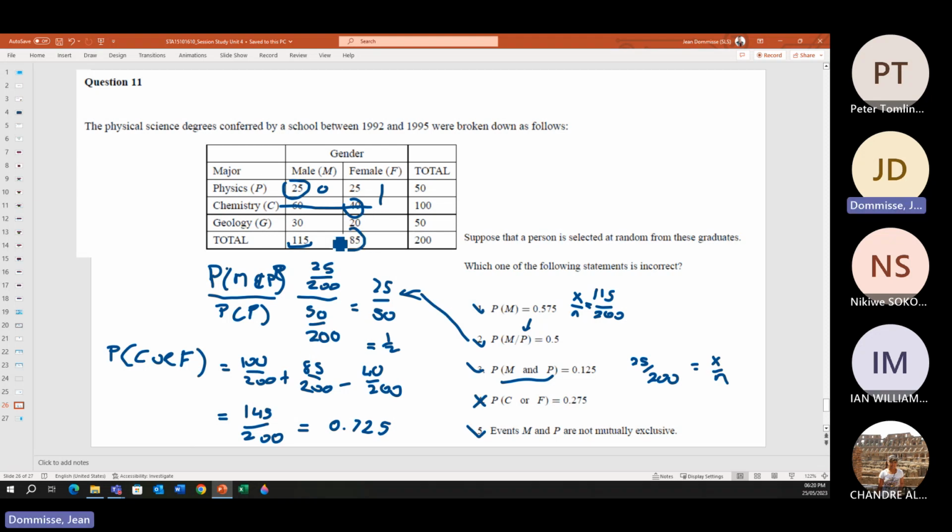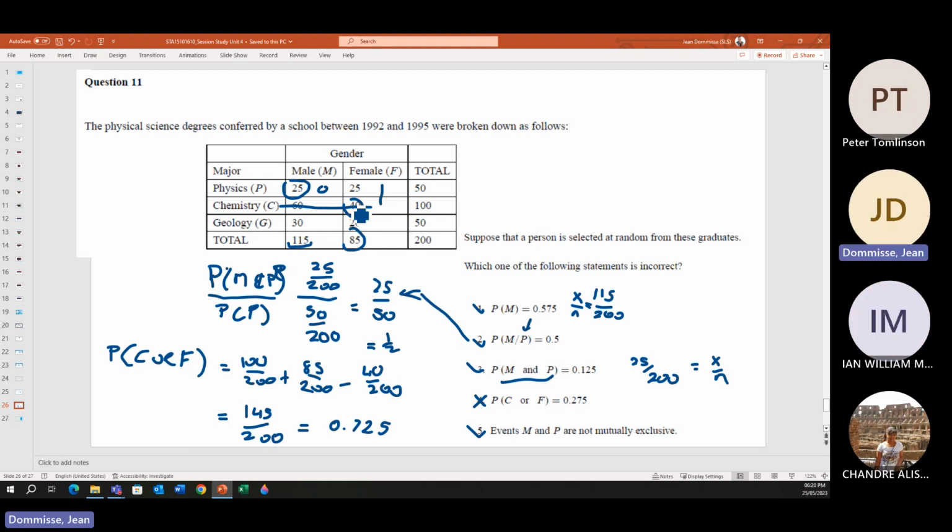Is there an easier way to do this one? Probably not. There's not really an easier way to do that. You need, unfortunately, to follow the steps with the formula. But there were easier ways to do all the others.